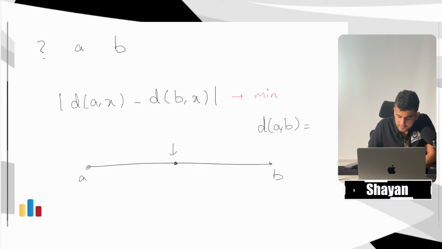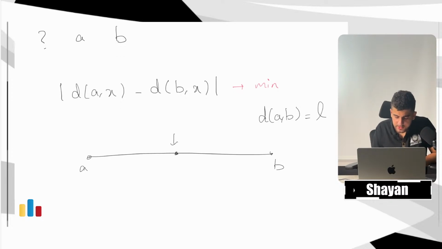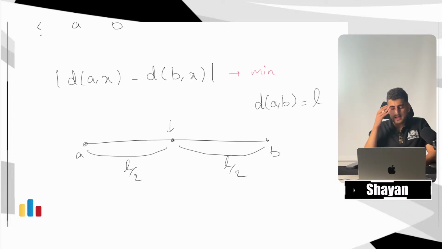Stands for the length of the distance between A and B. If L is even, exactly L half edges will be here, L half edges will be here. And the difference between these distances is going to be 0. And if L is odd, one side will be L minus 1 half, one side will be L plus 1 half. So the difference will be 1 exactly.